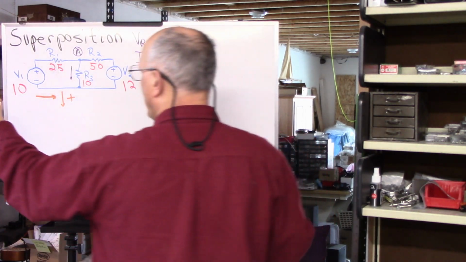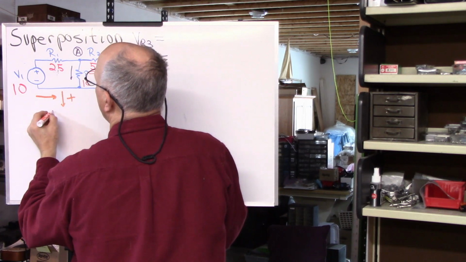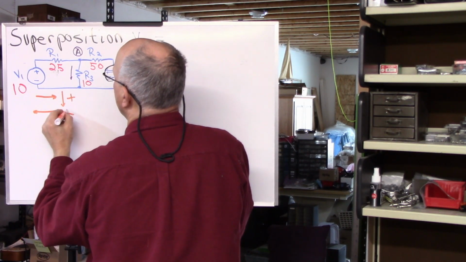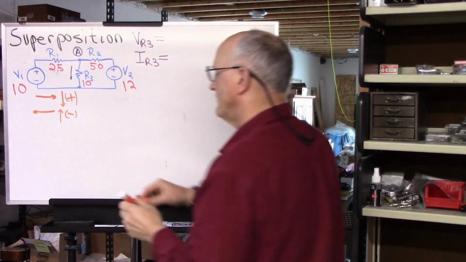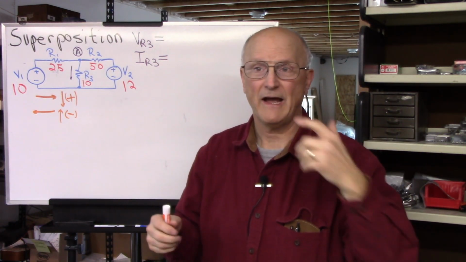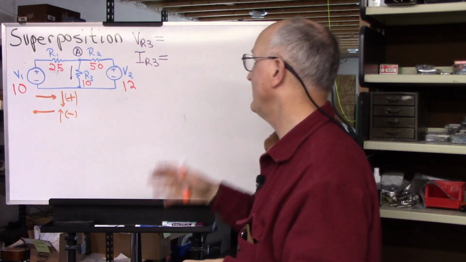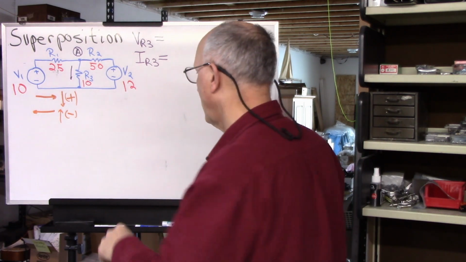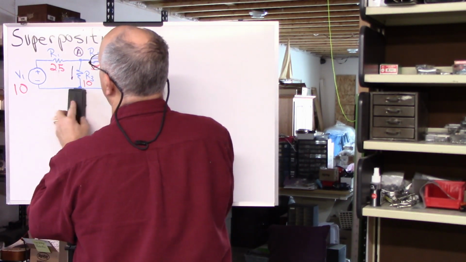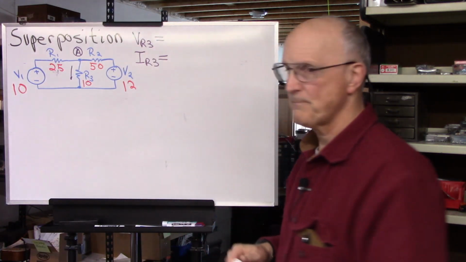So anything going left to right or top to bottom is positive, and anything going right to left or bottom to top is going to be a negative current. And the reason we have to do that is because that is how we do our bookkeeping at the end of this process. That's what I decide I'm going to do in this particular case.